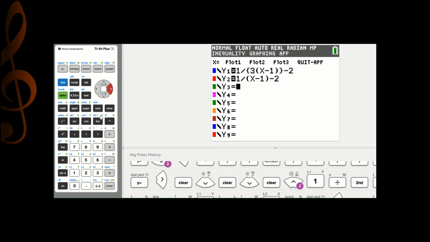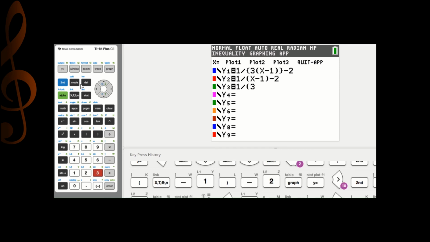Because really I see a dilation there. So I'm going to hit 1 divided by 3. Let's do the 3x minus 3, and let's put that in parentheses, in other words, as if I distributed everything.